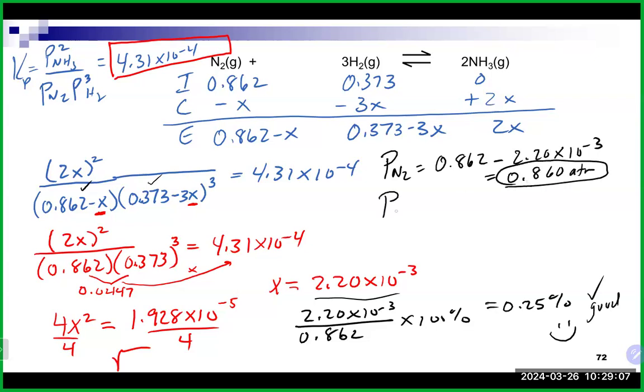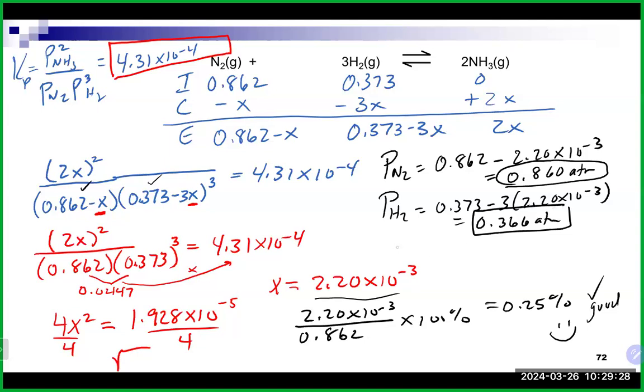Our partial pressure here of H2 will be 0.373 minus 3 times 2.2 times 10 to the minus 3, which is 0.366.